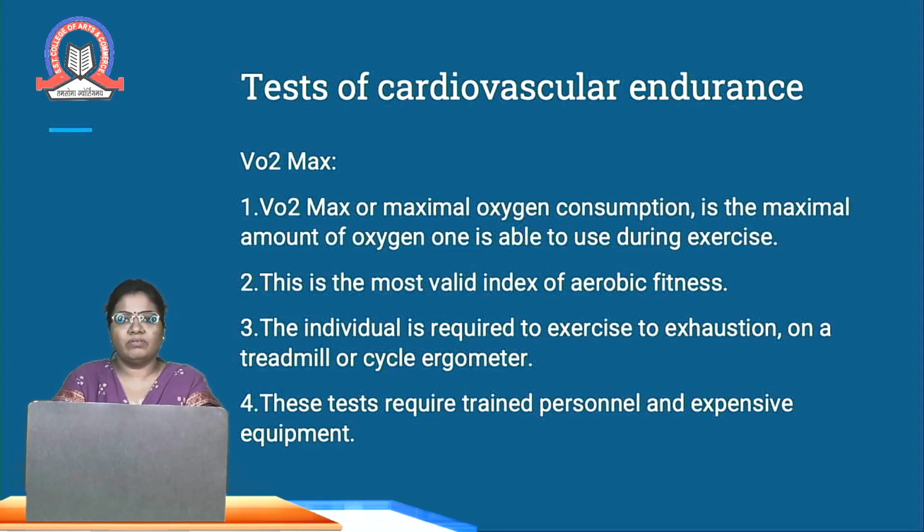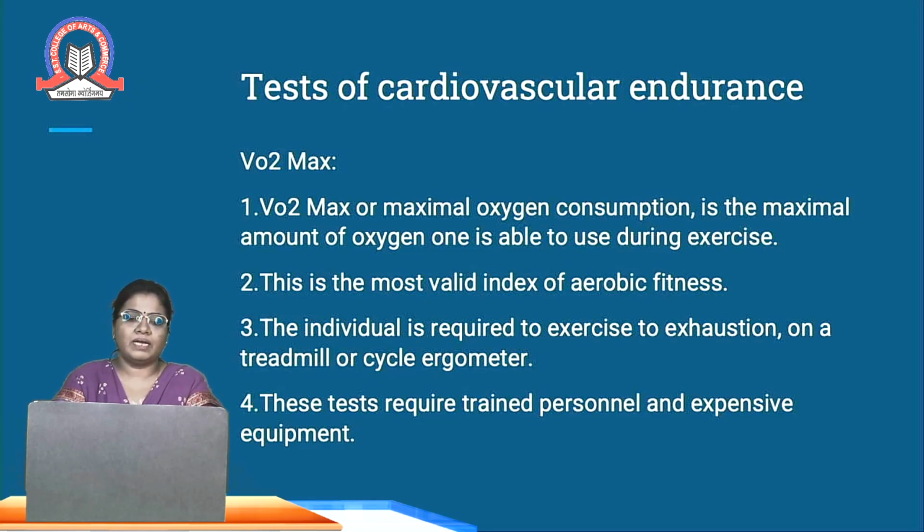What is VO2 max? VO2 max is maximal oxygen consumption. Cardiovascular means the cardiac system, which is related to the heart. In that, the pumping is happening, and oxygen supply is important.